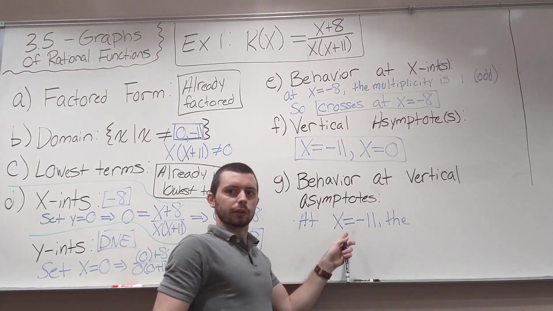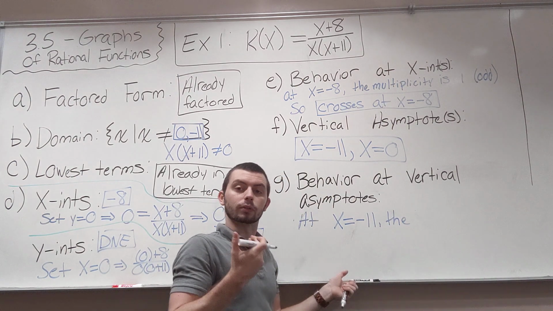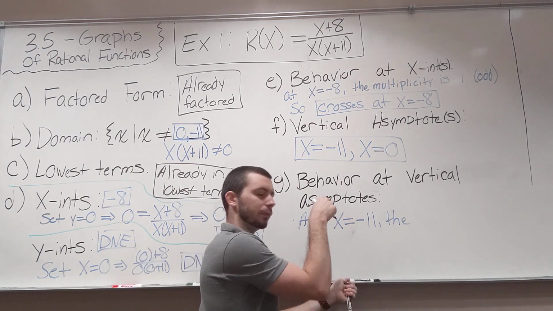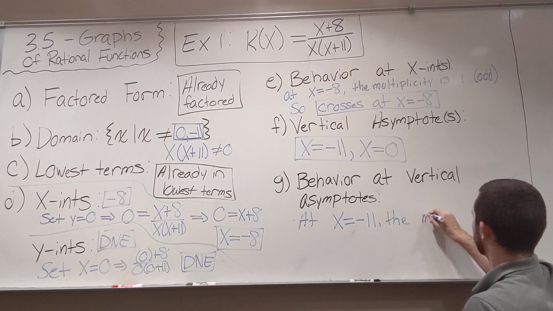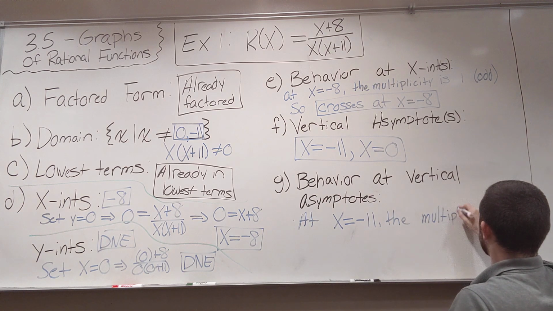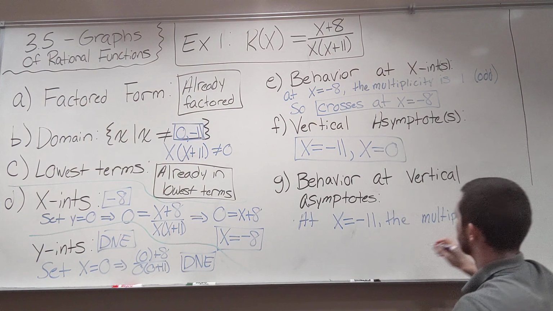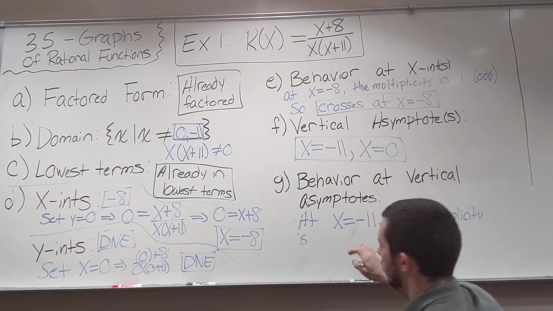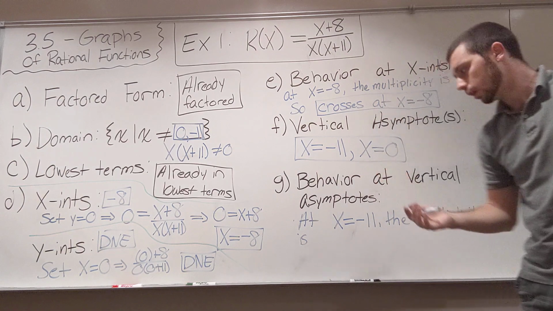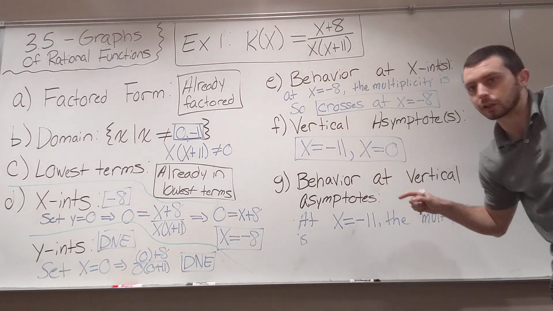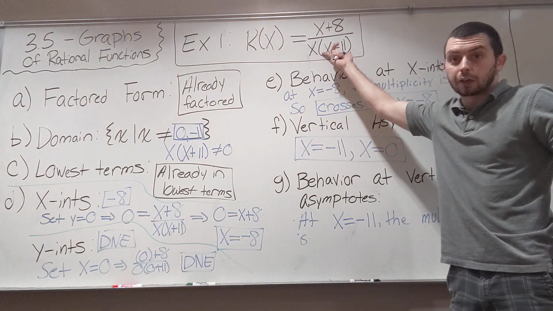At x is equal to -11, we have to remind ourselves, what's the multiplicity of this x value? So we move on to finding the multiplicity, and the multiplicity will end up being, well, the factor that -11 comes from is x plus 11.